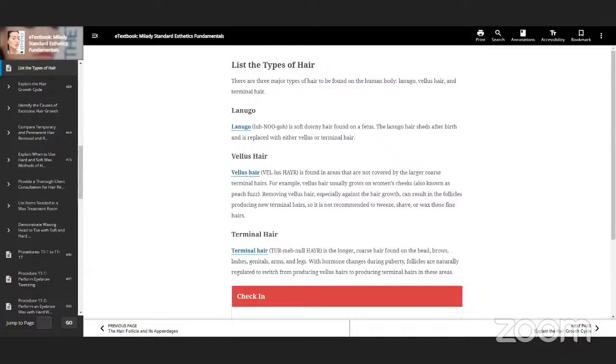Now, terminal hair may have a few little things going on. It's longer, it's coarser, so it's not going to be as fine. You're gonna need to have the product suitable to remove it. Sometimes we can have a lightweight product and the hair is so coarse, the product is not strong enough to remove the coarse hair, so you're constantly trying to remove it.